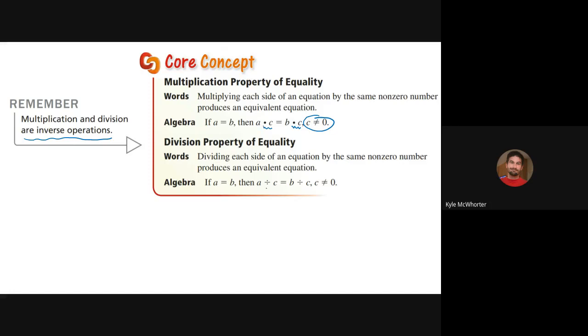Similarly, you can also divide both sides of the equation by the same number, but it can't be 0 because you can't divide by 0. So these are real similar to addition and subtraction: you can multiply or divide both sides by the same number, just as long as that number is not 0.